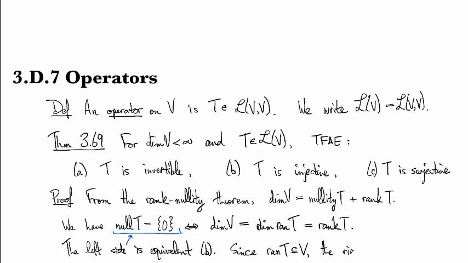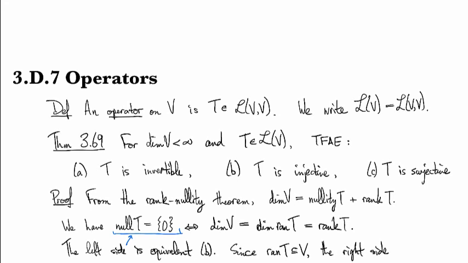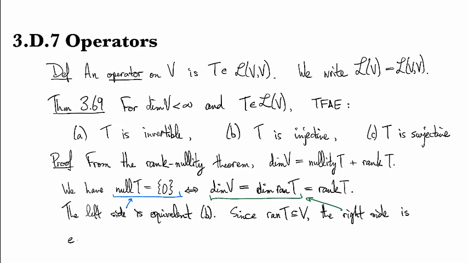So the right side, by which I mean this one here, is equivalent to saying that V equals the range of T. And that's equivalent to statement C. And that's enough to prove the theorem. The other parts are trivial.